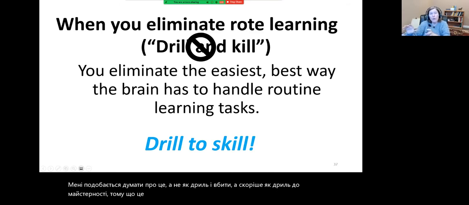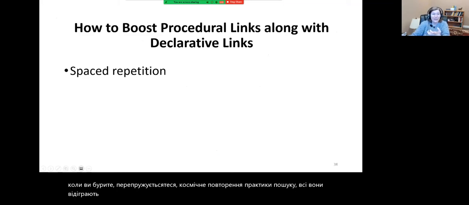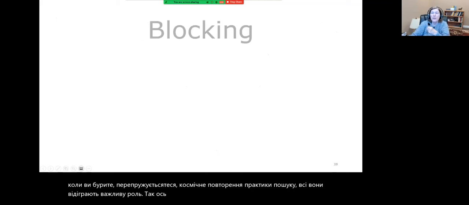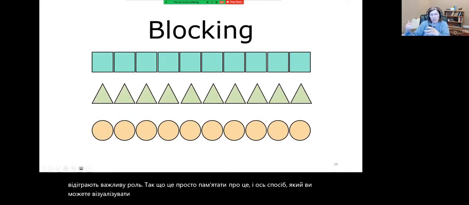And when you're drilling, interleaving, spaced repetition, retrieval practice, all of those play an important role. So just remember this. And here's a way that you can visualize what's going on between spaced repetition and interleaving.